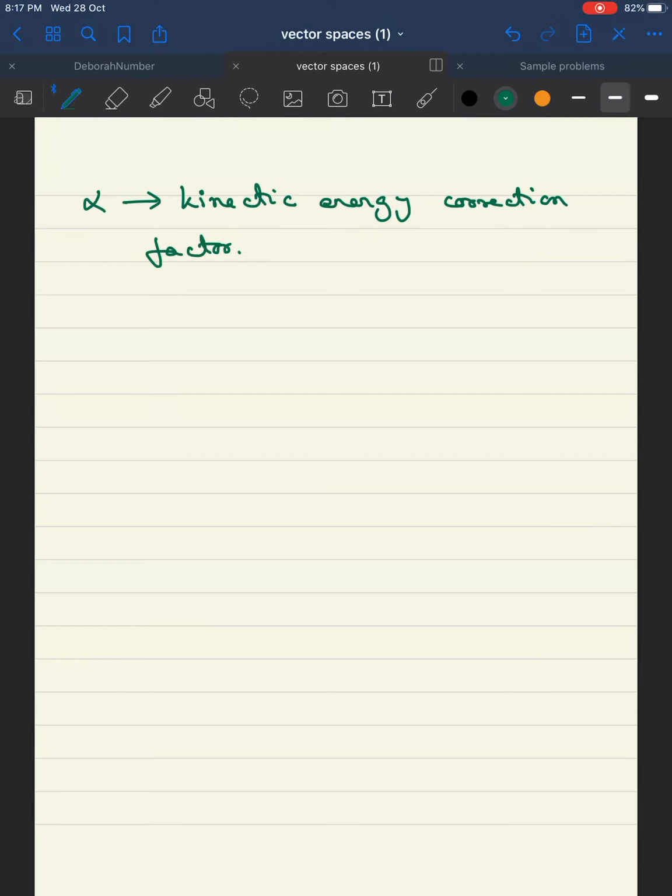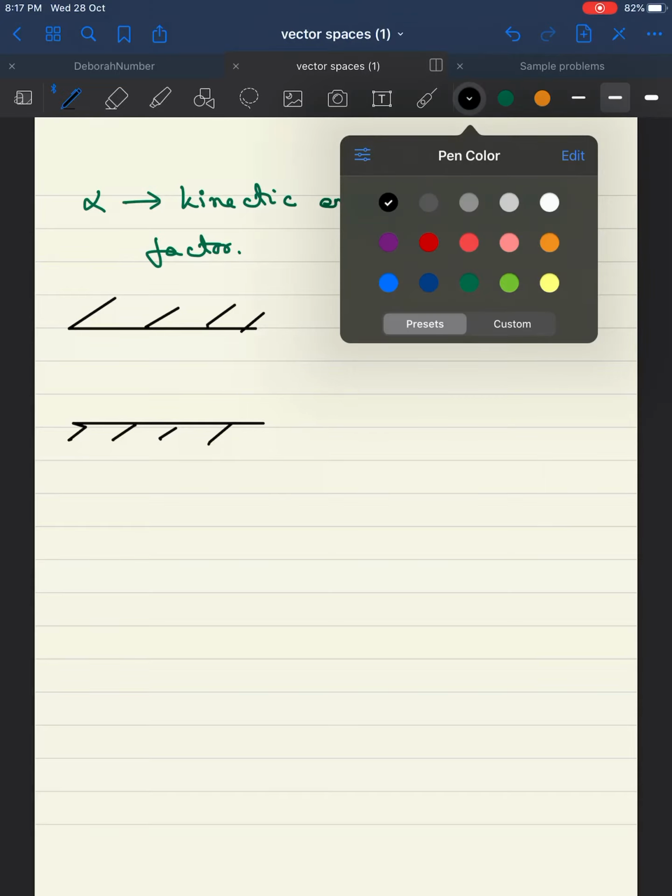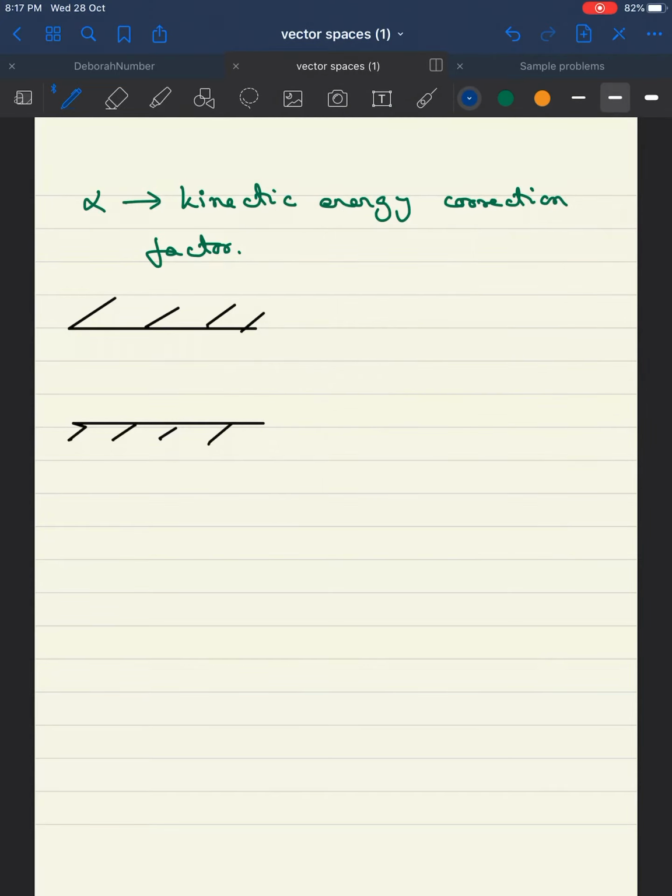I hope you understood this, but let's understand it with a little bit more of an example. So let's say there is a pipe, and there is a flow through this pipe. Now when we have a steady flow, single inlet, single outlet, what does this flow look like? For laminar steady flow, we'll have a nice parabolic profile.